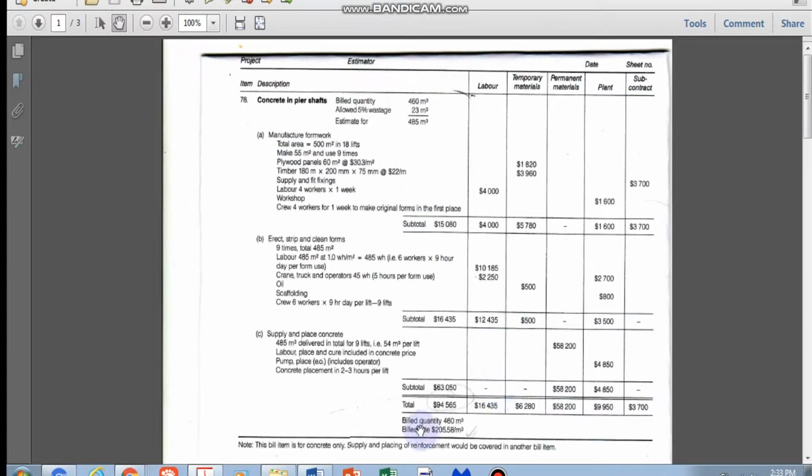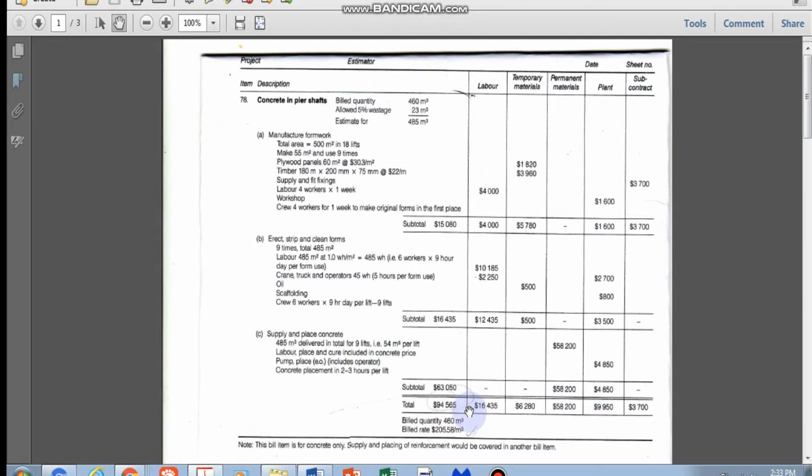Then after you add it up, the total is going to be 94,564 to do this concrete pier shaft with this layer 2 activity. If there's a next page, then you need to add it up with the next page. This one is actually 63,000. Subtotal is 63,000 for this activity.